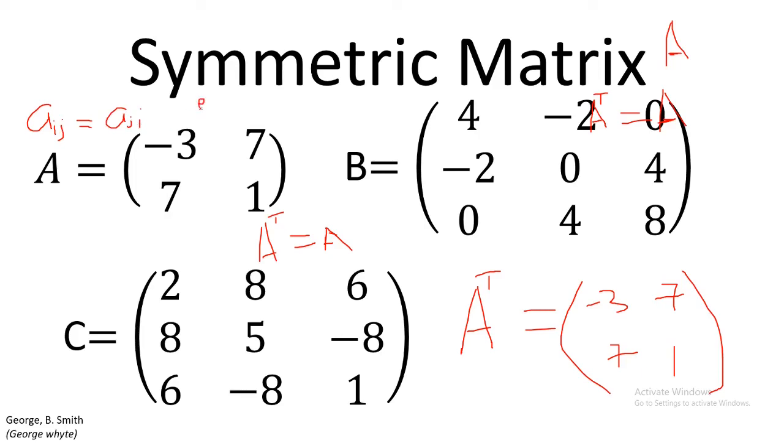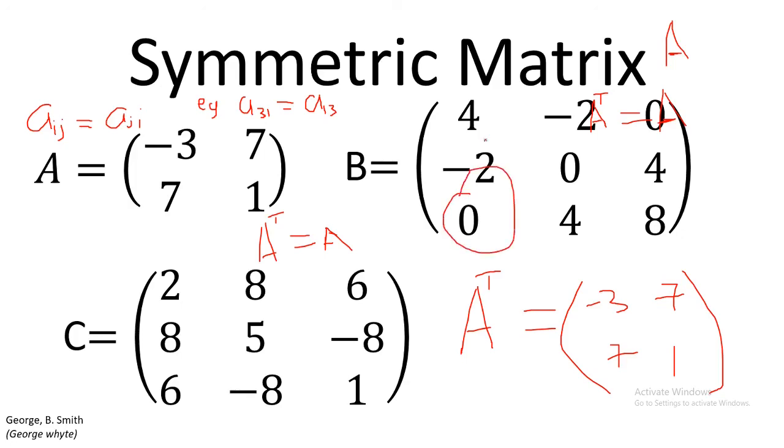For example, if I look for A31, it must be the same thing as A13. So what's A31 here? A31, row 3 column 1, is this, right? This is A31.